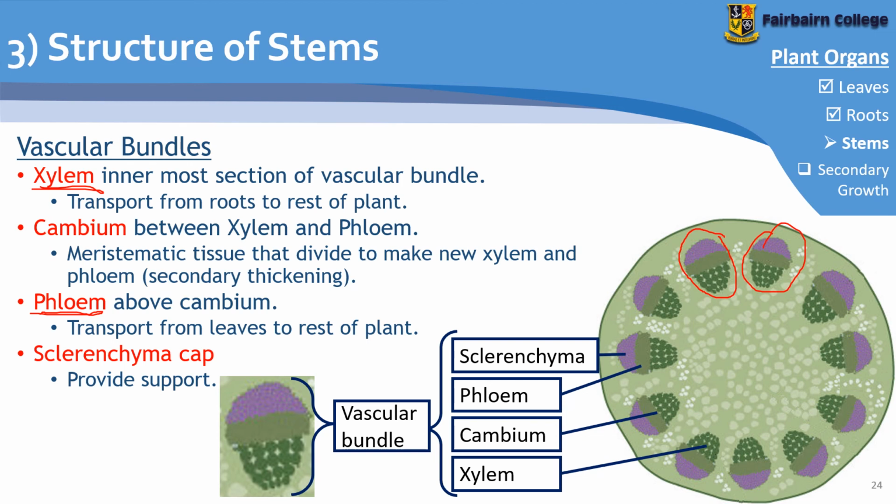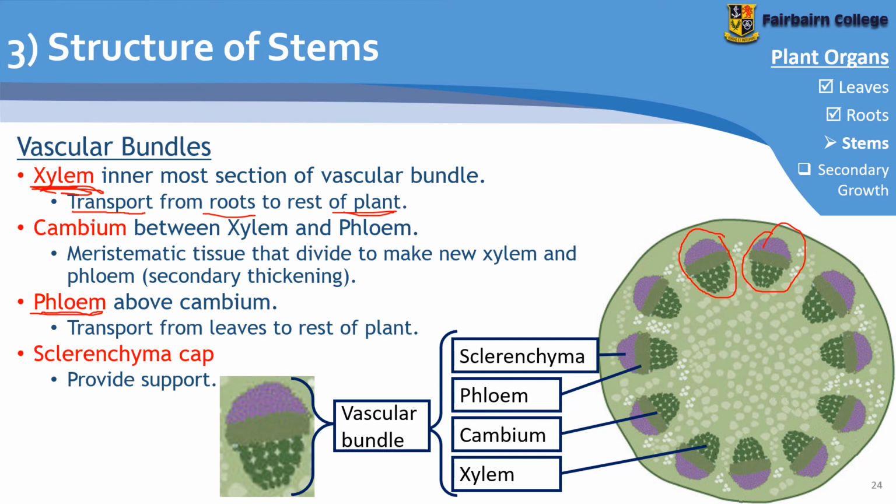Let's have a look at the vascular bundle, going from the inside outwards. The innermost layer is the xylem, and just like in other parts of the plant, the xylem is responsible for transport of minerals and water from the roots to the rest of the plant. The function doesn't change; it is just the way it is structured in the stem that is different.